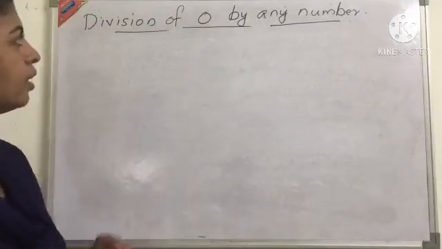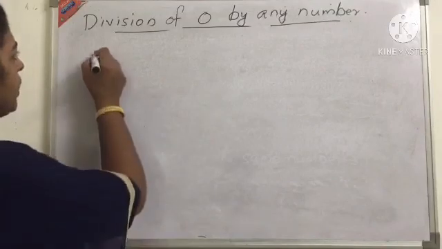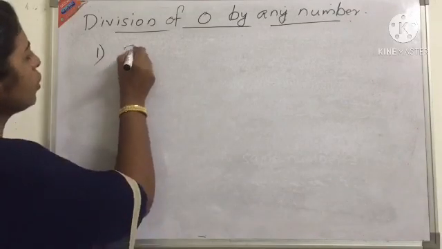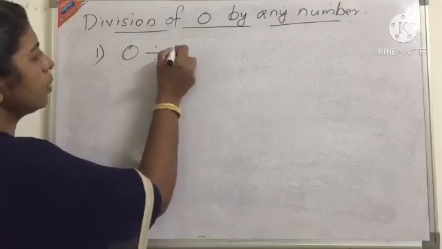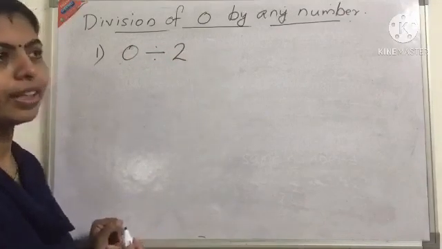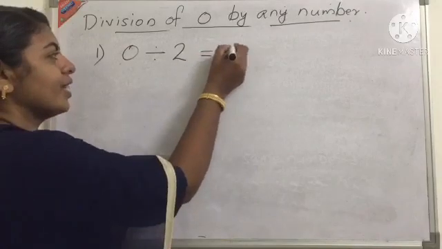In this division of 0 by any number, we can write one example. Sorry. 0 divided by 2. 0 divided by 2. It's equal to 0.